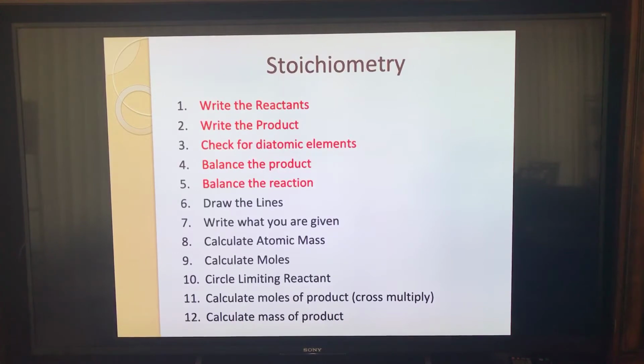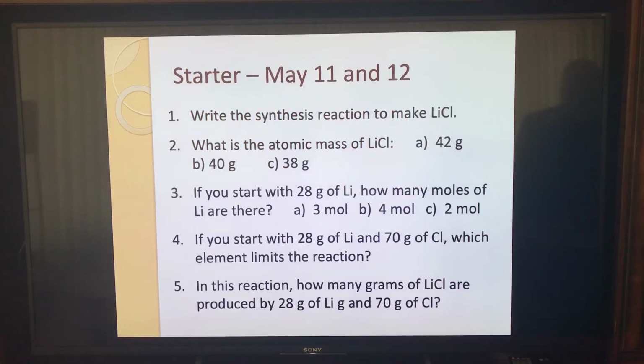We're going to write the reactants, the product, check for diatomics, balance the molecules, and balance the reaction. Those red steps we're going to do right away in step 1. And then we'll get to the rest of the stoichiometry. Step number 10, we'll get to the limiting reactant. And by the time we get all done, we'll have calculated the final product. All right, so let's go ahead and get started.